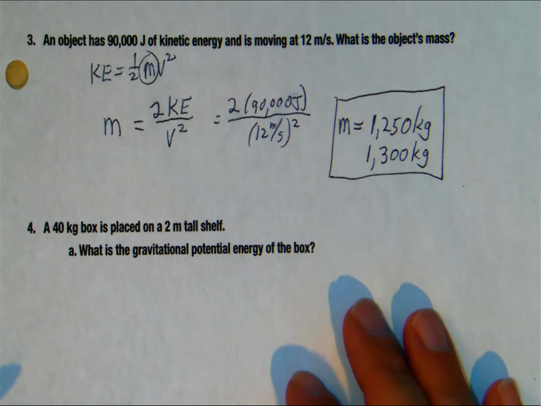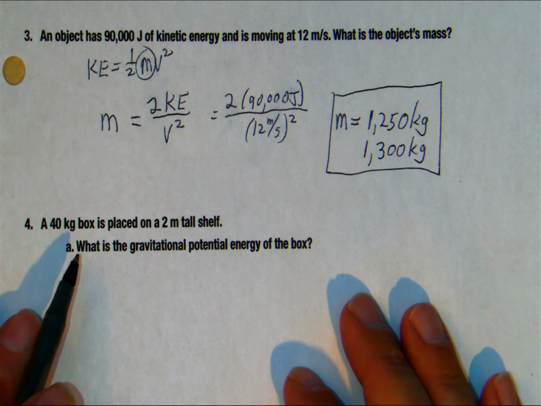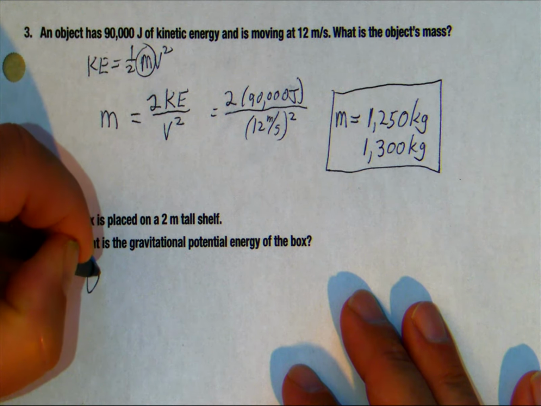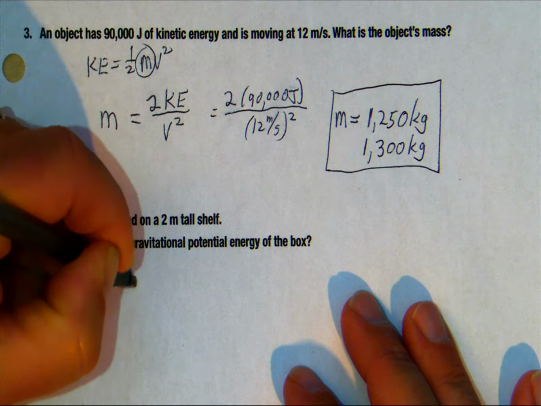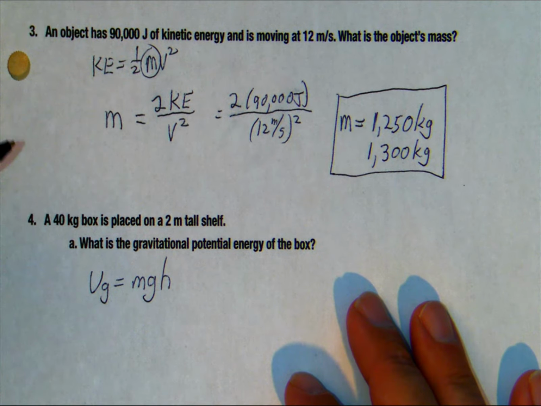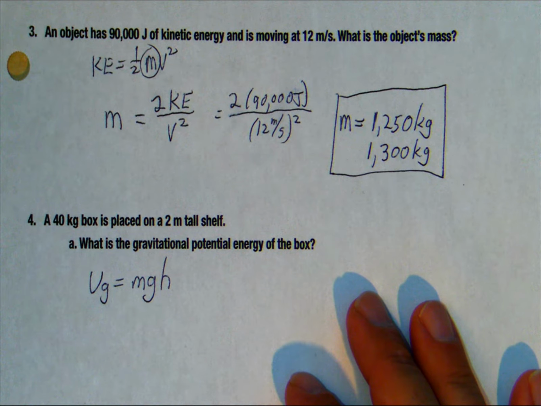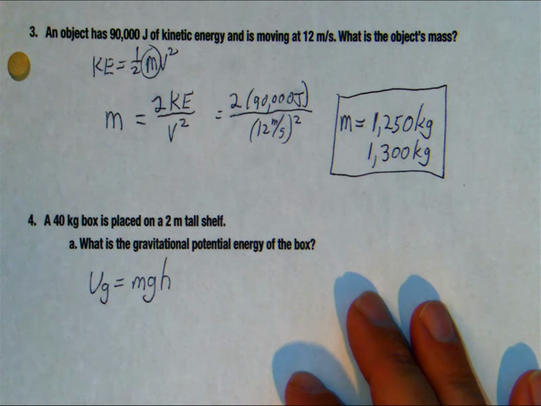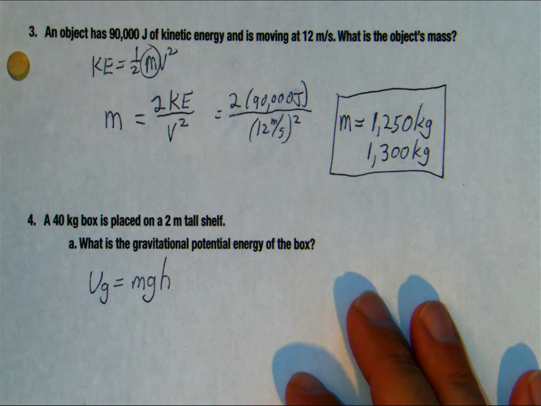Number 4, part A. A 40 kilogram box is placed on a 2 meter tall shelf. What is the gravitational potential energy, UG? The gravitational potential energy is m times g times h, where the zero height is arbitrary. We'll take the zero height to be 2 meters below this tall shelf.